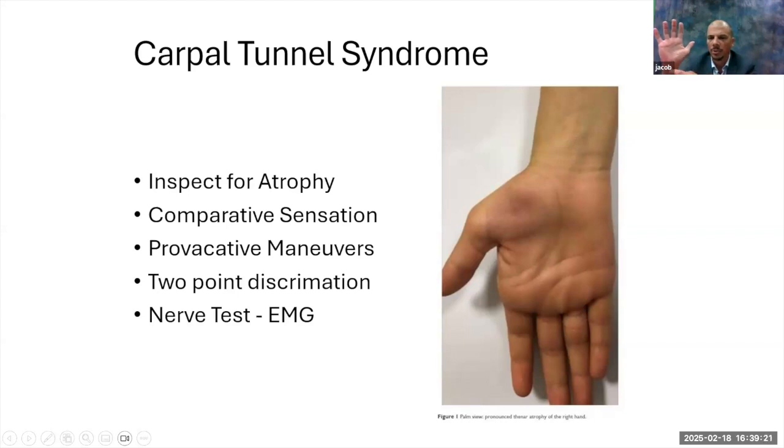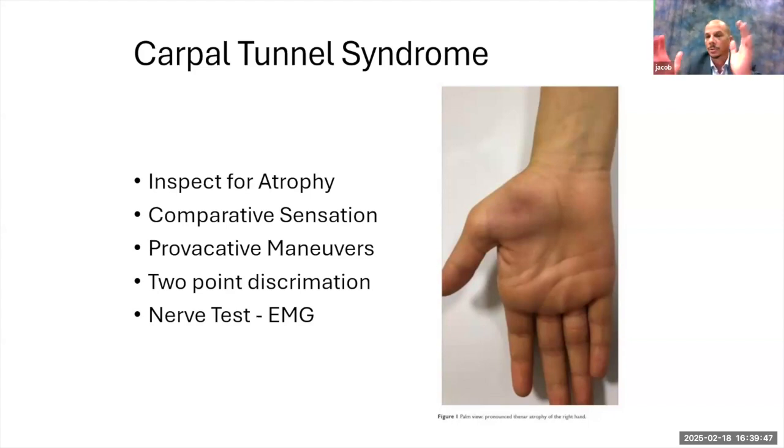That median nerve, the carpal tunnel nerve, not only does it give sensation to those first three fingers, but there's also a branch of that nerve that comes back to innervate three little muscles here at the base of the palm or at the base of the thumb. If the signal is so affected that not only are you getting numbness, but it's also slowing the nerve signals coming to those three muscles, you can start to have atrophy or loss of those muscles. And then it starts to look hollowed out as it does in this picture.